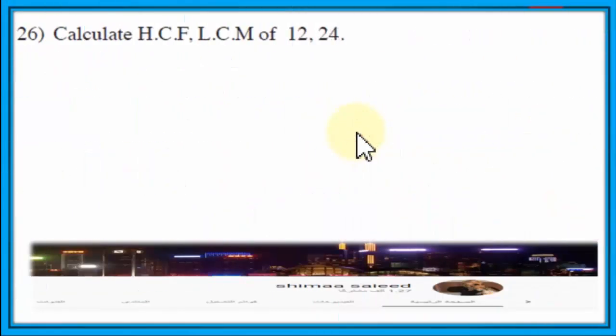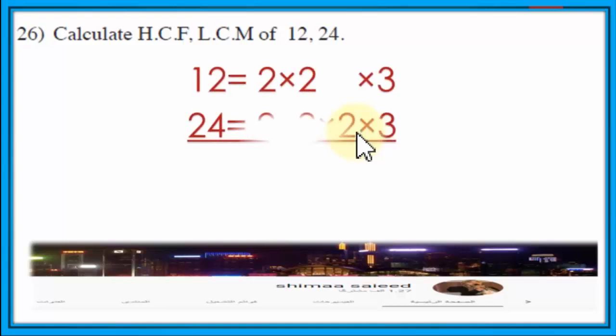Now calculate the highest common factor and the lowest common multiple for 12 and 24. If we want to factorize 12 to its prime factors, 12 equals 2 times 2 times 3. But 24 equals 2 times 2 times 2 times 3.